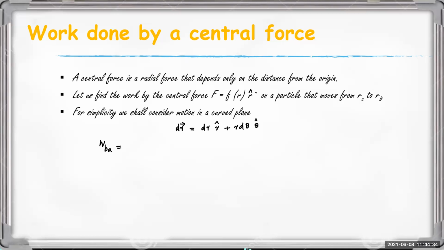WBA is the work done in moving the particle from the point A to B. Then the integral RA to RB F dot dr. What is F here?